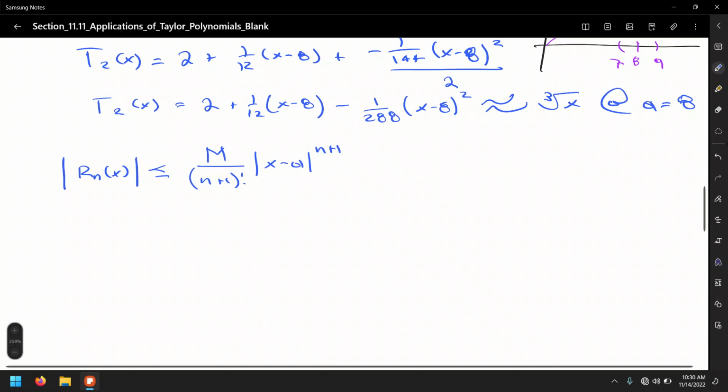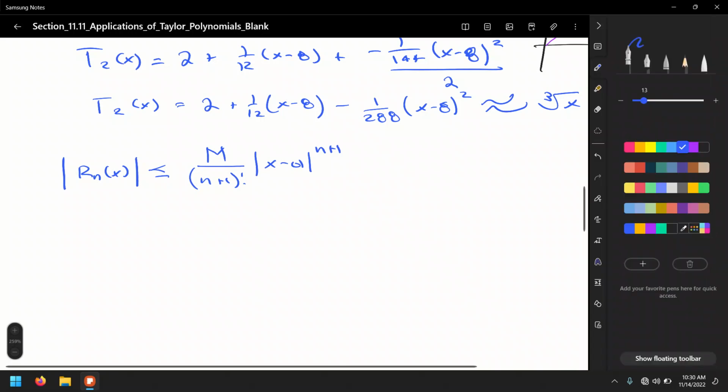Alright, so there's a couple of things that we need to make sure. Number one, (n plus 1) factorial is just going to be the index, like number 2, number 3, and in this case we're using n equals 2.